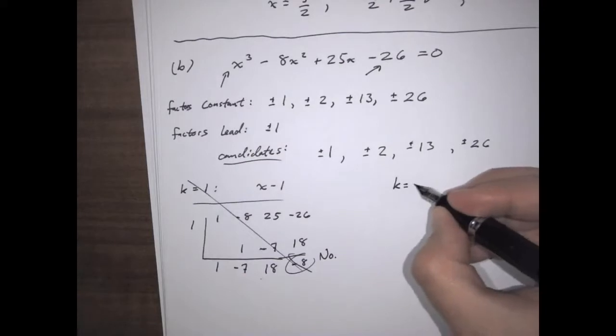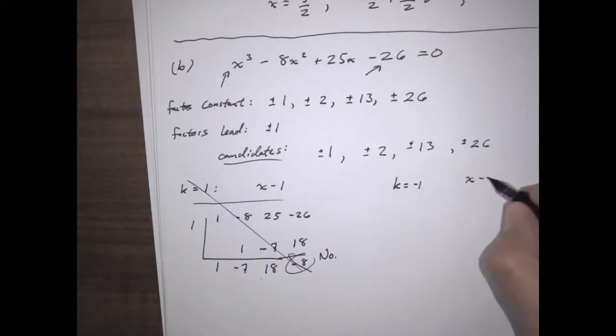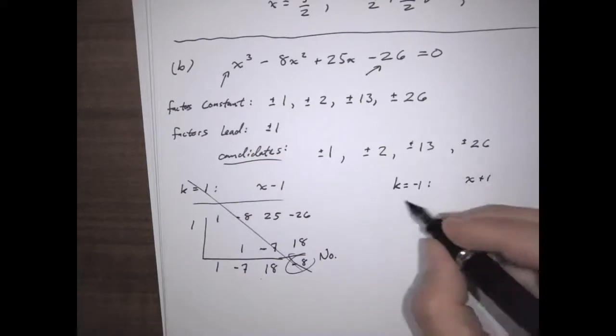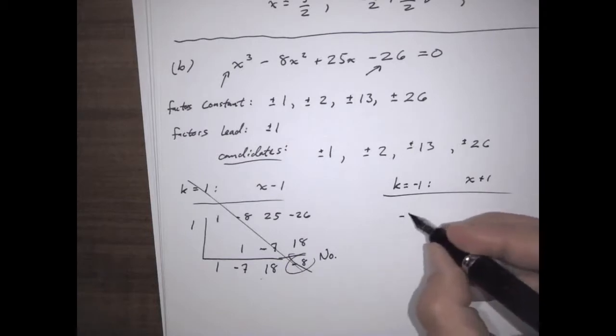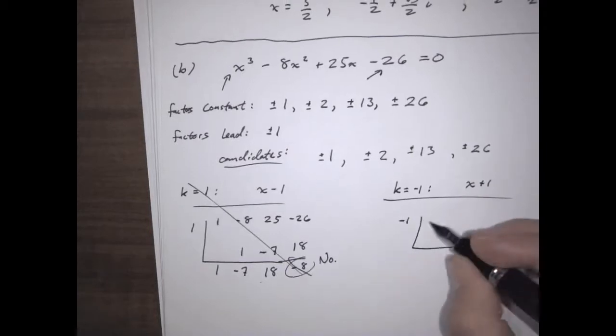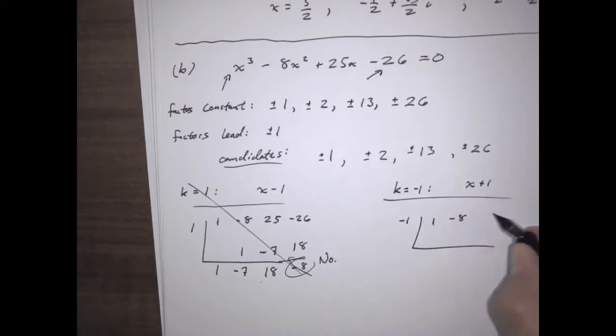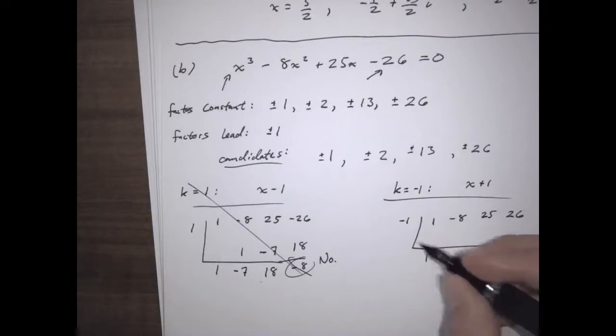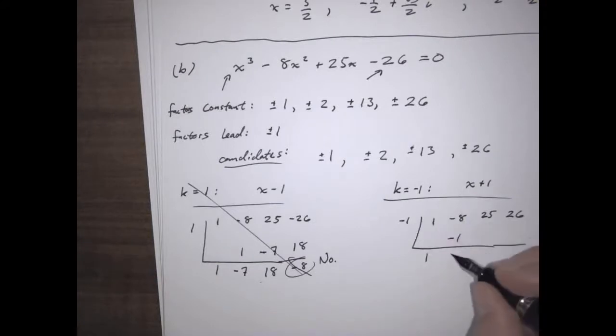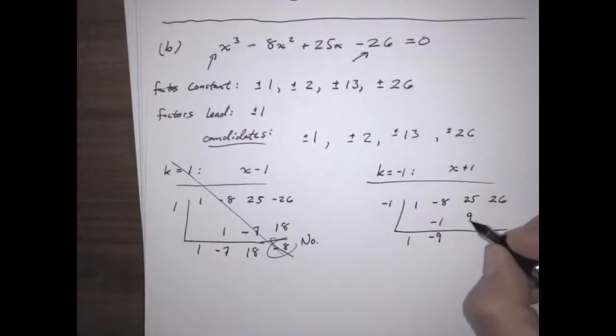Alright, k equals -1, which means x plus 1 will be the factor in question. So -1, 1, -8, 25, -26. Down comes a 1. Multiply makes a -1. Add makes a -9. Multiply makes a 9.